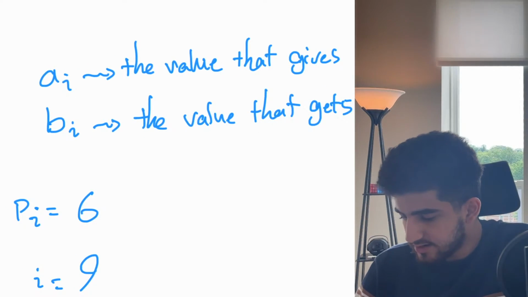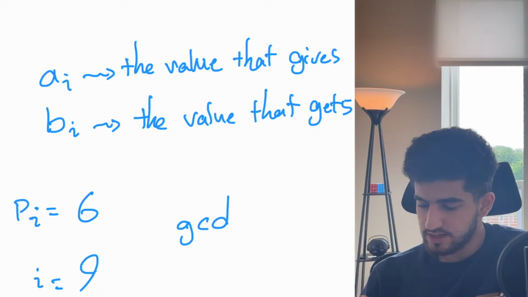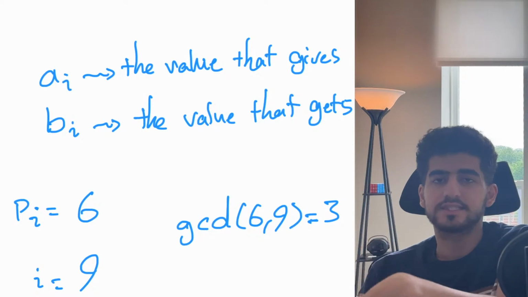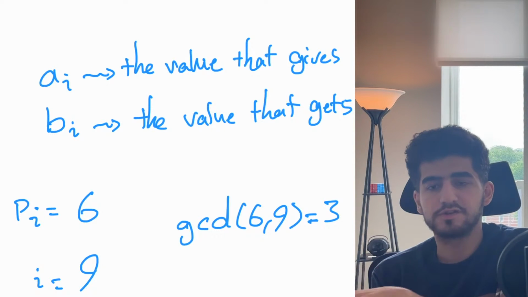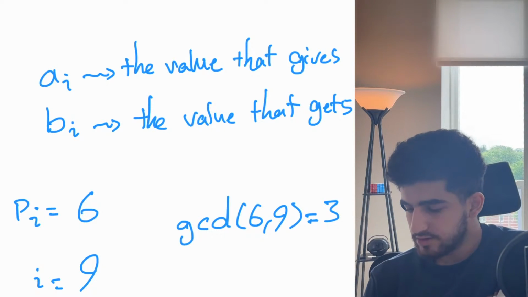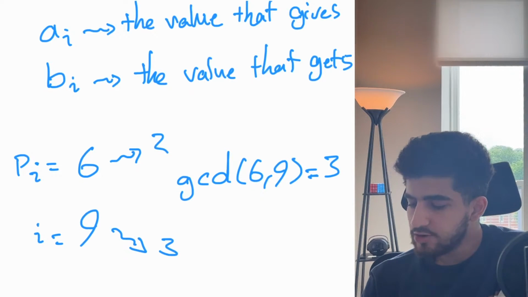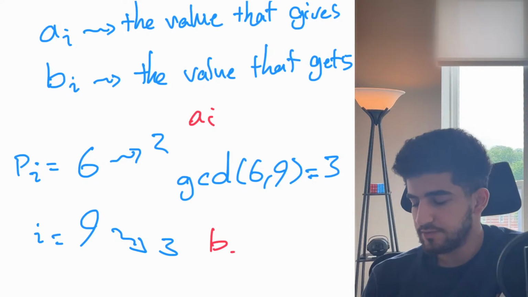In here, the GCD of P_i and i is 3. So first of all, they both have a 3 that can be cancelled with each other. It doesn't matter at all. They cover each other's 3. So what remains from P of i will be 2, what remains from i will be 3. So I say that a_i is 2 and b_i is 3. What does it mean?